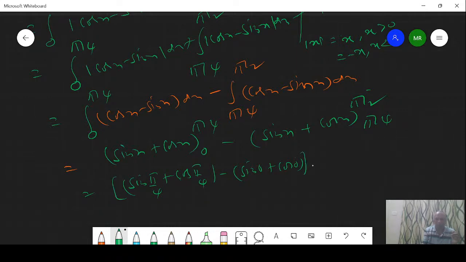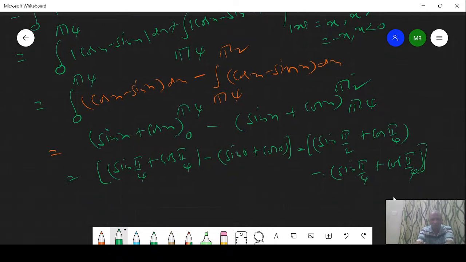And minus this one, same thing: minus, sin pi by 2 plus cos pi by 2, minus sin pi by 4 plus cos pi by 4. You substitute the values. This one minus of this, I can write minus of this inside the bracket, right? You should be careful here. The simplification should be careful. Upper limit minus lower limit.